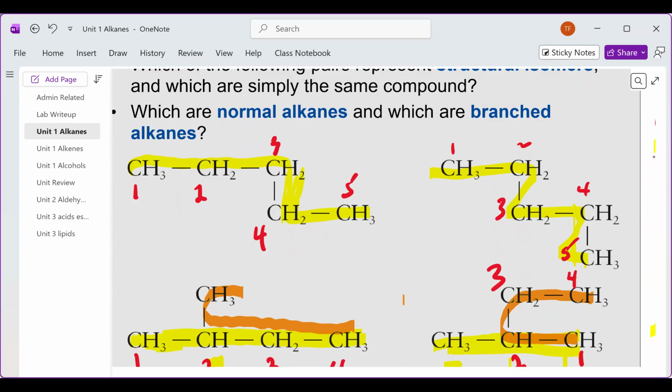If the molecule is different, it won't fit in. Even though the number of carbons and the number of hydrogens are the same, it doesn't work.